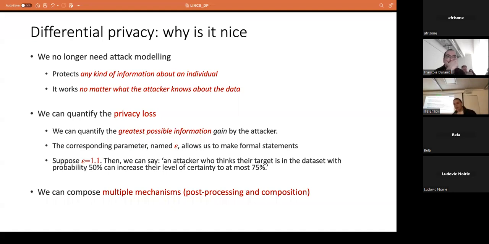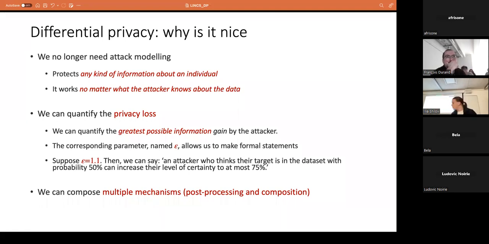Two very important properties that allow us to use differential privacy for learning, machine learning, and deep learning are post-processing and composition. What does it mean? Post-processing means any mechanism output stays differentially private. When you have a database and a differential privacy mechanism, you gain some statistic out of the data.